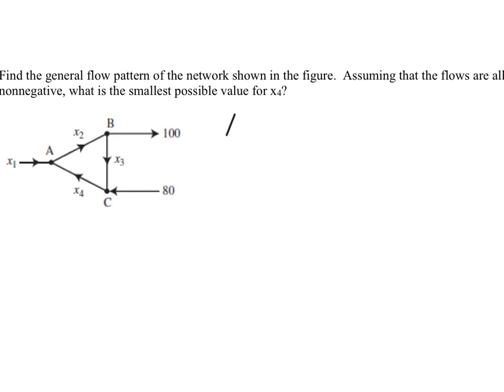All right, so at A, I can see that I have x1 coming into the node, x4 also coming in, and x2 is going out. So the first decision you have to make is defining in and out.